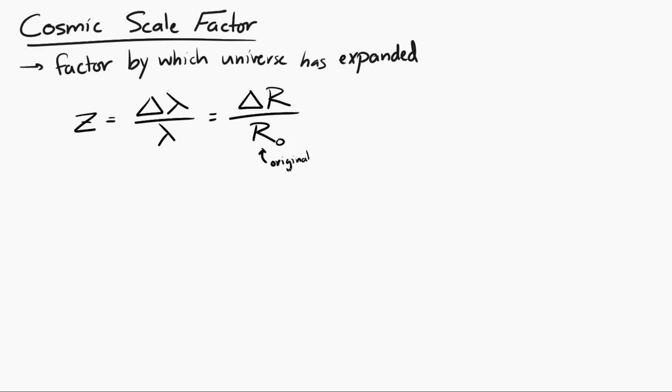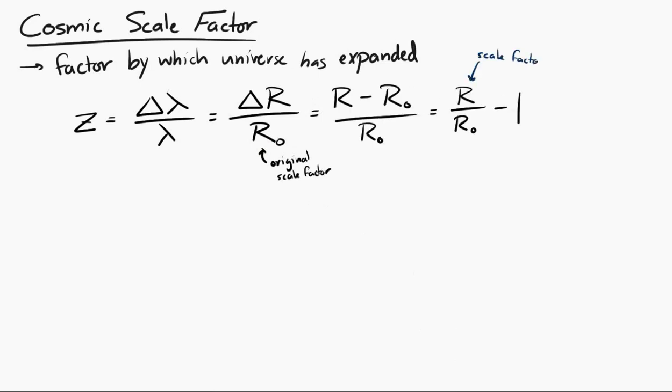So we can rearrange that. We can write it this way, R minus R0 over R0. R over R0 minus 1 is equal to the redshift. The R in this equation represents the scale factor today. The R0 represents the scale factor of the universe when the light was emitted.